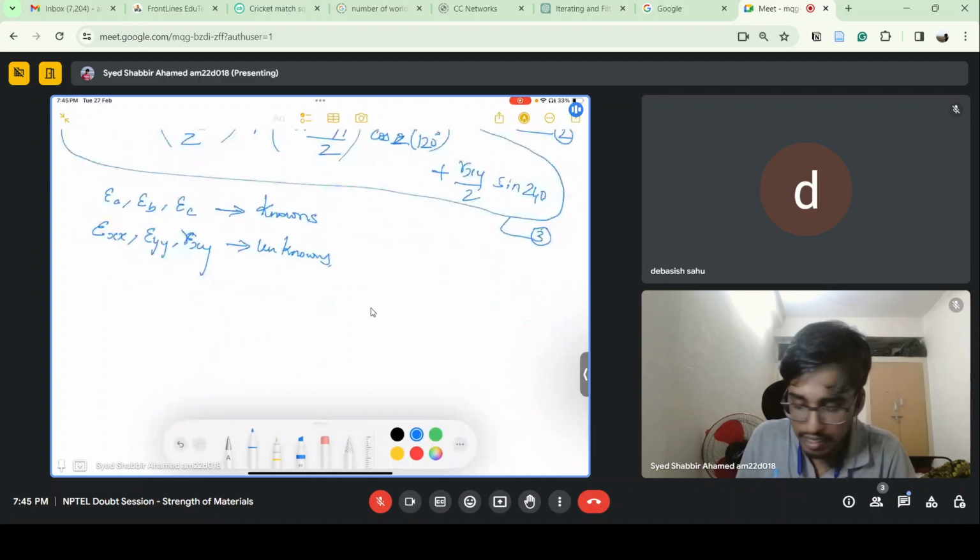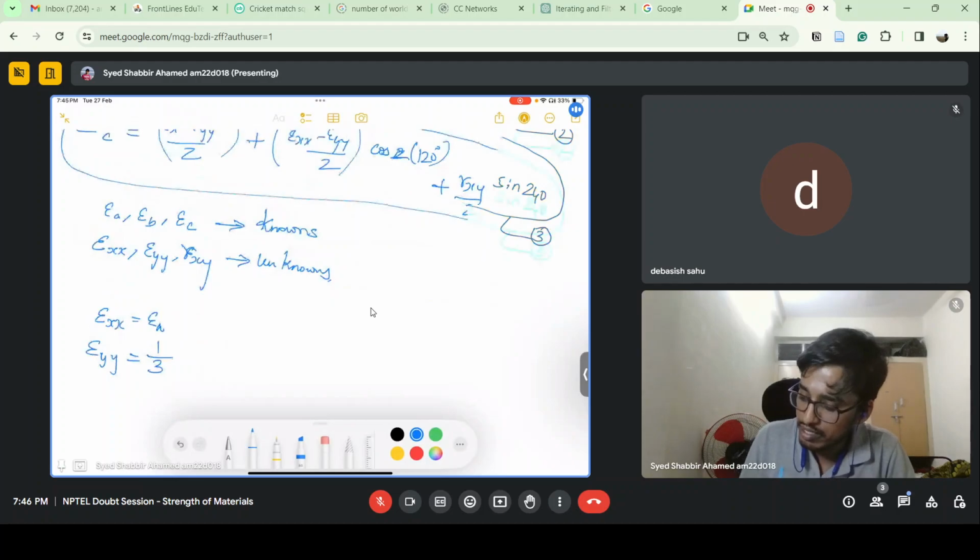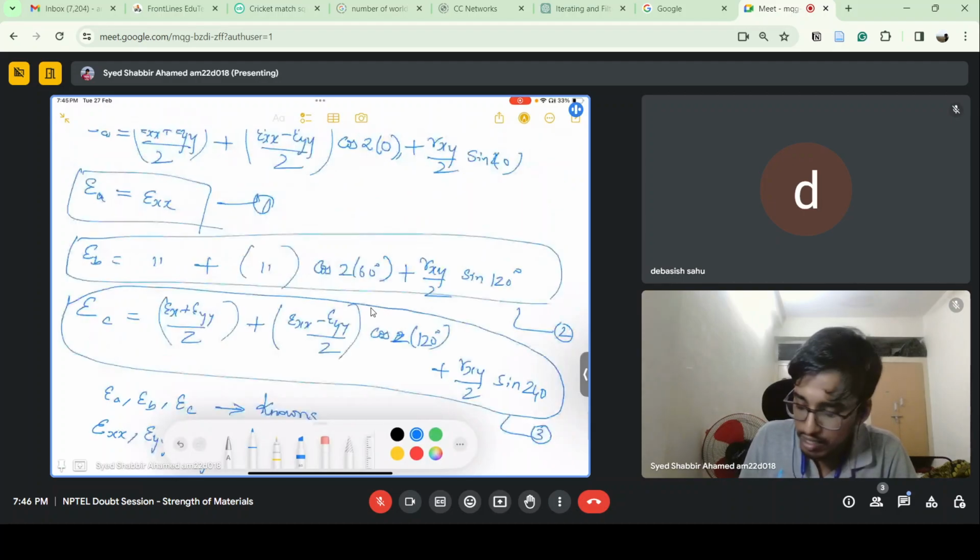If I simplify these three equations, epsilon xx is equal to epsilon A, epsilon yy is equal to 1 by 3 into 2 into epsilon B plus epsilon C minus epsilon A, and gamma xy is 2 by root 3 into epsilon B minus epsilon C. I am just substituting the angles and simplifying.